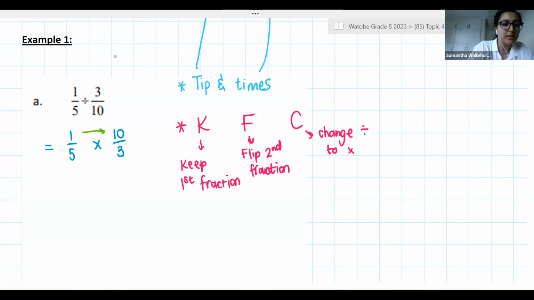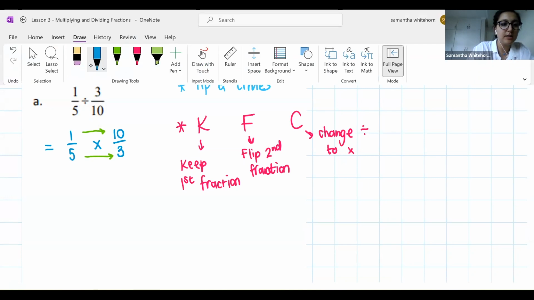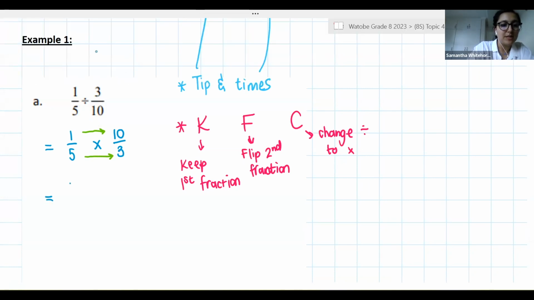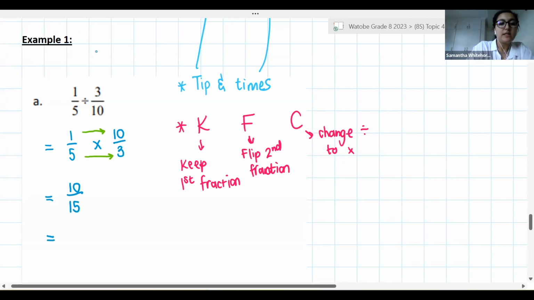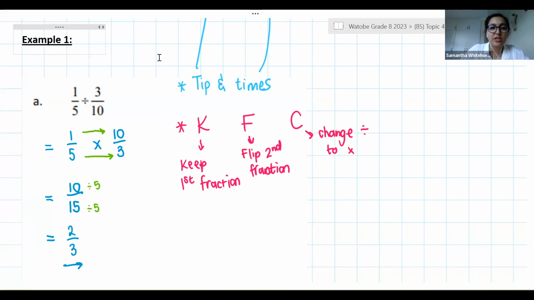We say 1 times 10 in the top, or in the numerator, and 5 times 3 in the denominator. 1 times 10 is 10. 5 times 3 is 15. We always double check if we can simplify. In this case, we know we can because both 10 and 15 can be divided by 5. And so we have got a simplified fraction of 2/3.